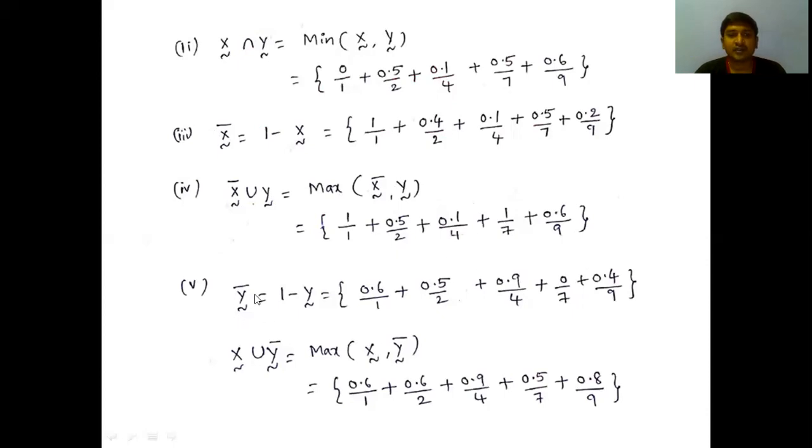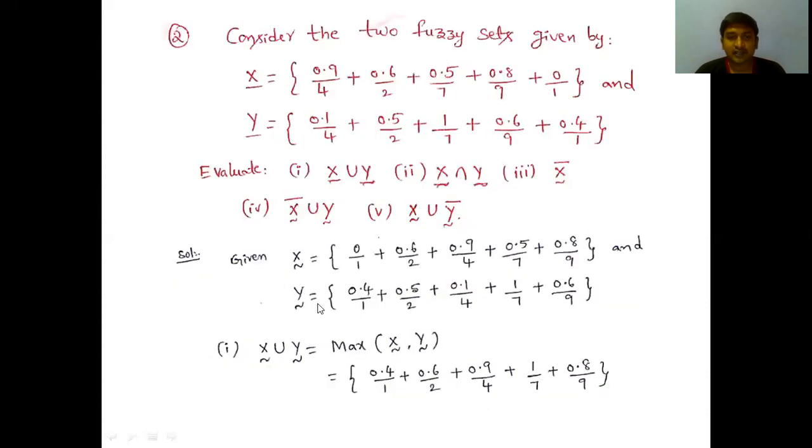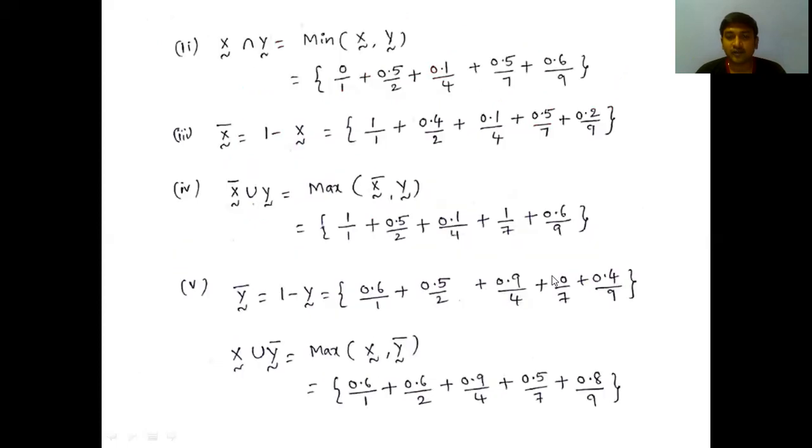Similarly, y bar, because you may require union operation between x and y bar. So y bar is equal to 1 minus given fuzzy y. So here the given fuzzy set y and y bar is equal to 1 minus y, is equal to 1 minus 0.4, that equal to 0.6. 1 minus 0.5, 0.5. 1 minus 0.1 and 1 minus 1 and 1 minus 0.6. So which is the complement of given fuzzy set y.